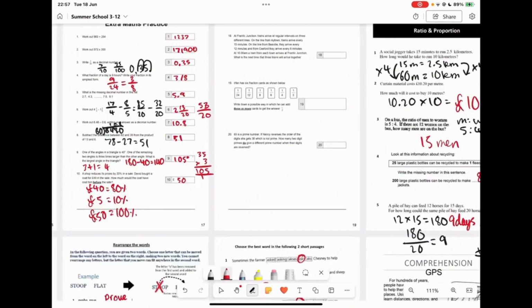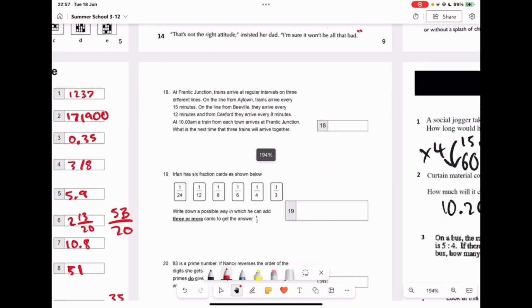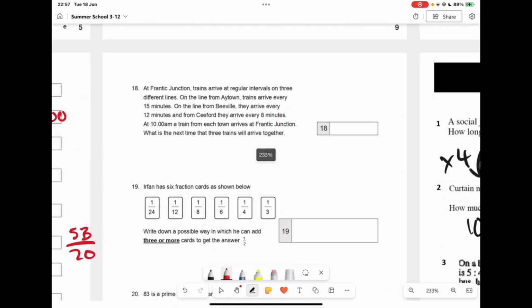Okay, now the final 3 questions. At Frantic Junction, trains arrive at regular intervals on 3 different lines. On the line from A-Town, the train arrives every 15 minutes. Beeville is 12, Seaford is 8, and at 10 a.m. a train from each town arrives.